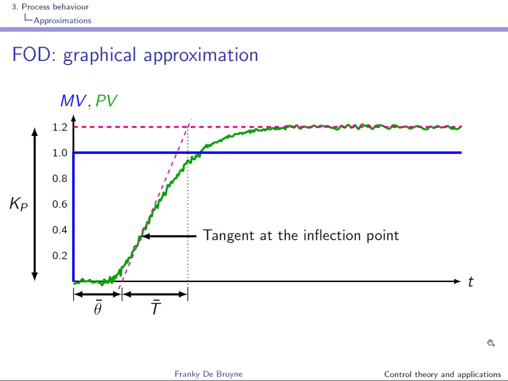In this slide we present another graphical approximation method that can be used to estimate the parameters for a first order system with delay, so a Broida model, right?